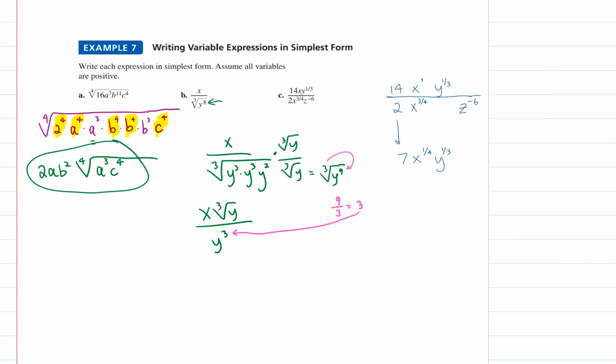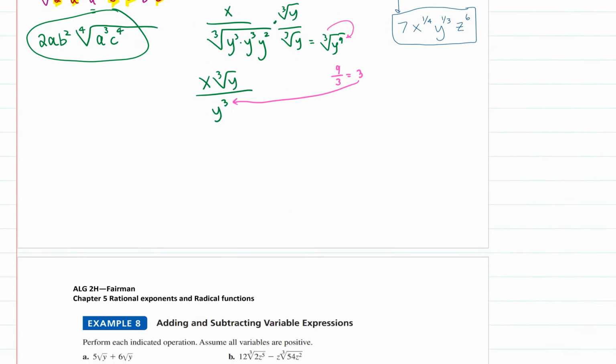And while I could leave the z in the denominator, typically we like to have positive exponents. So the z to the 6th moves up to the top and becomes positive, because if I move it from the denominator up north, I did that by making it a -6, aka +6. So those are 3 examples of writing the variable in simplest form.